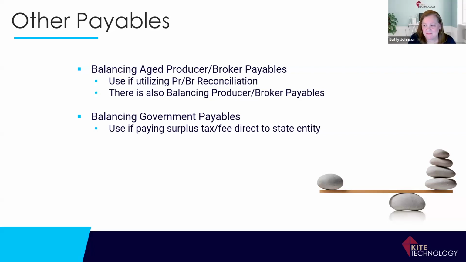Then you have your balancing government payables report. If you are actually generating tax fees with that little button at the bottom of your transaction screen, your balancing government payables report will show what items, again, just like premium payables, what transactions total up to, and what's the balance in the general ledger for payables to your government entity.